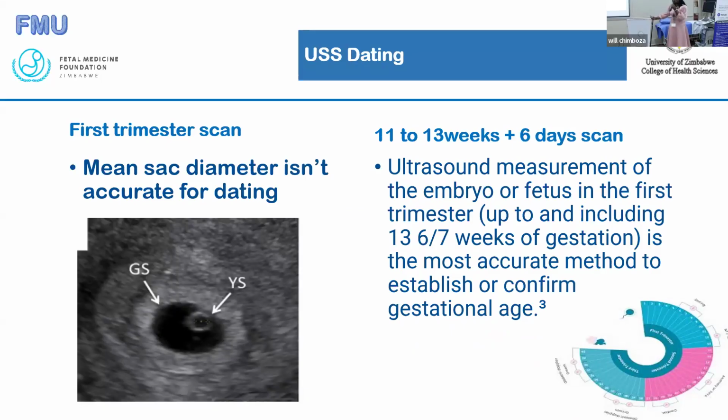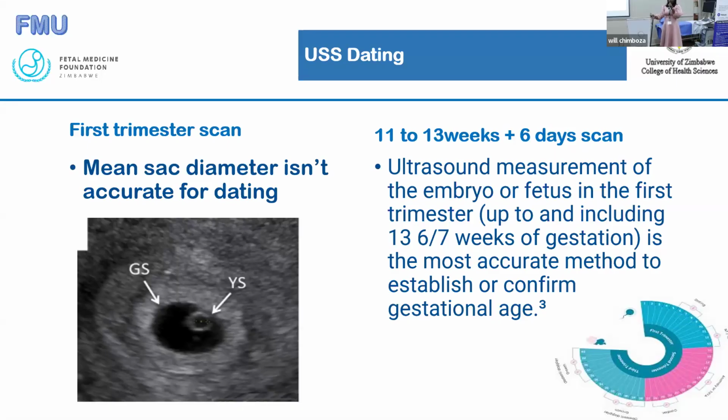In the first trimester, a woman can present very early, like before 6 weeks. And when you scan her, you can only see a gestational sac. The gestational sac is not accurate for dating pregnancies. However, it has its role in determination of progress of a pregnancy versus the expected milestones.